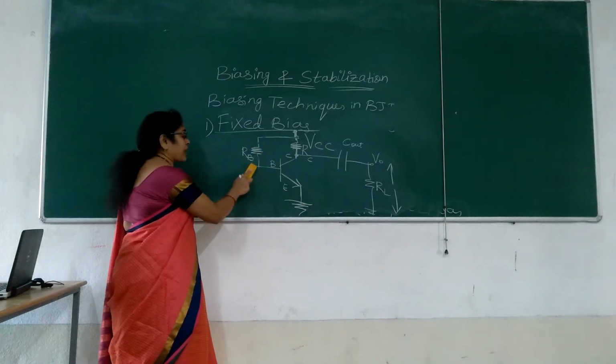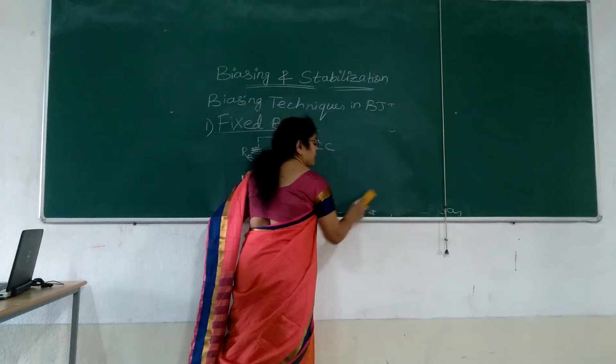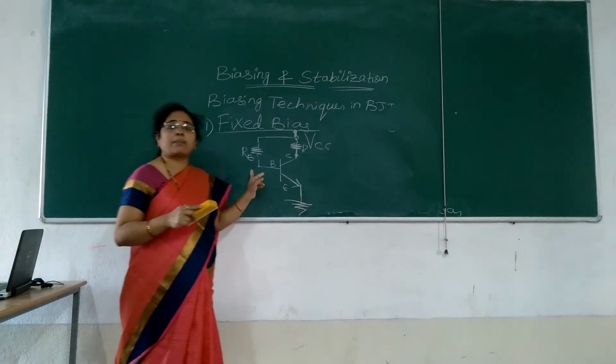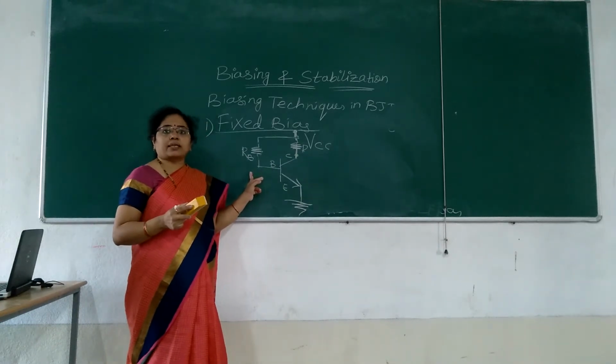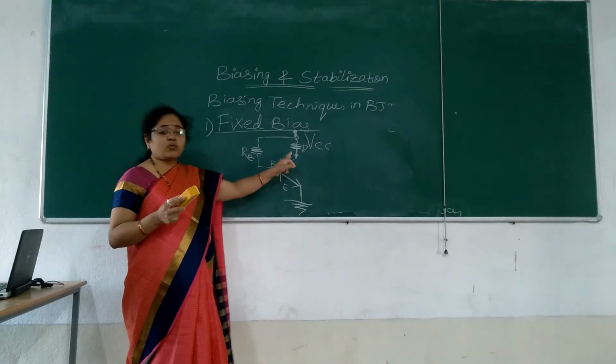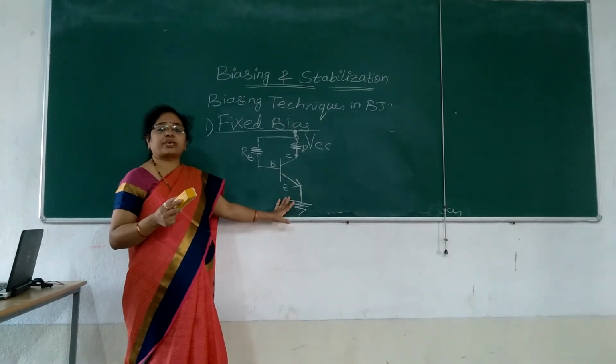Therefore, the capacitances are removed. For DC analysis, we will not apply the AC input and the capacitances are removed. This is called the DC circuit. DC conditions prevail over here.